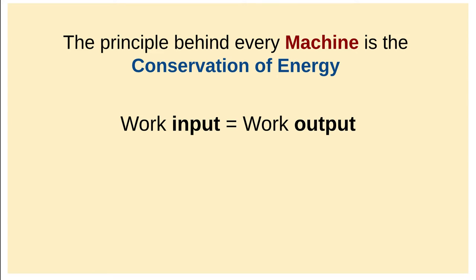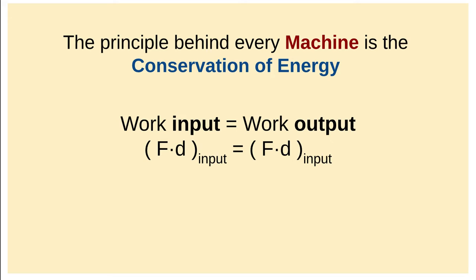Work is the amount of energy that's transferred to an object or transferred away from an object. And so work input is going to be equal to work output. Again, the idea here is that however much work you do to use a machine, that's the amount of work that the machine will give back to you.